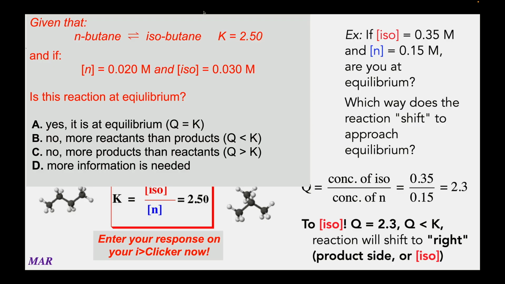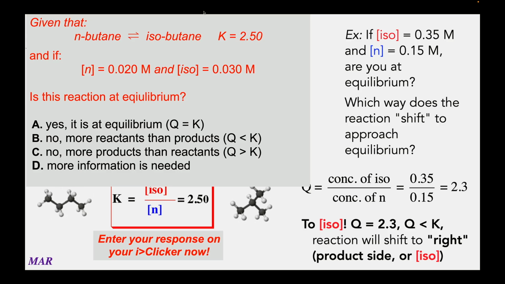Here's a similar kind of question. It's the N-butane isobutane reaction. The K is 2.5, and the N-butane is 0.02, and the isobutane 0.03. And the question says, is this reaction at equilibrium? Well, first of all, if it's at equilibrium, Q and K must be the same. And for this reaction, we have 0.03 divided by 0.02. That comes out to be 1.5.